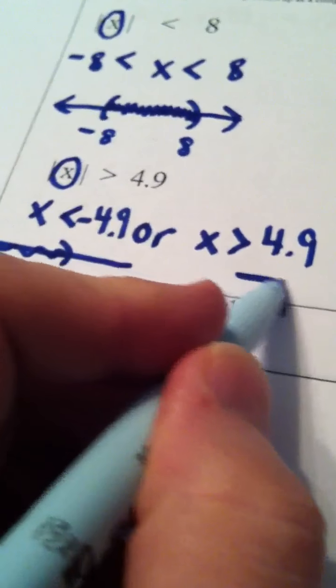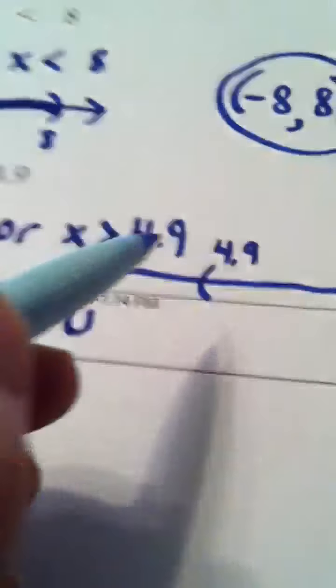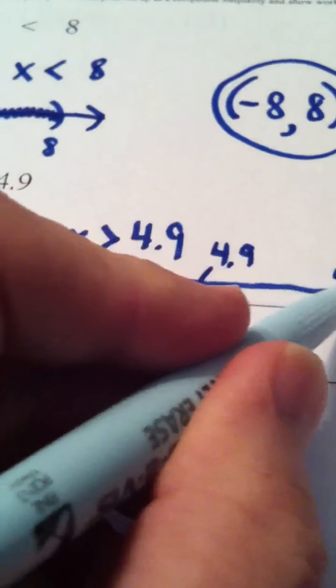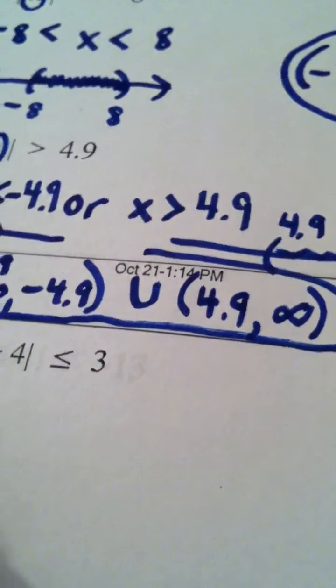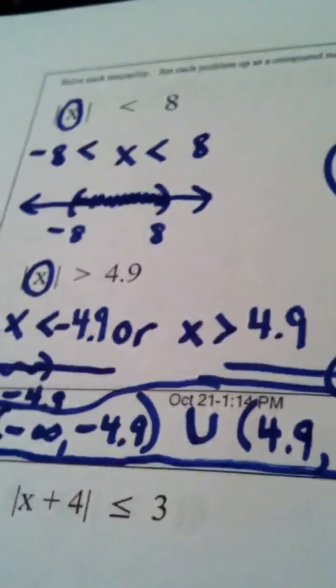And this portion is everything greater than 4.9 heading out to infinity. And I would write that, I'd finish my union, and I'd write 4.9, comma, infinity. And this, right there, would be my answer to this problem in interval notation.